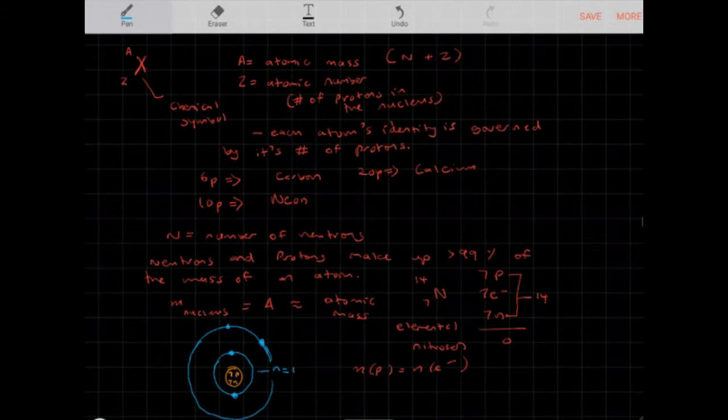So the first shell can actually hold a maximum of 2 electrons, and this is because it only contains 1 orbital. And the second shell can hold a max of 8 electrons. So let's just know that for the time being. Okay, and we can see that there's 2 shells in this atomic structure, right?